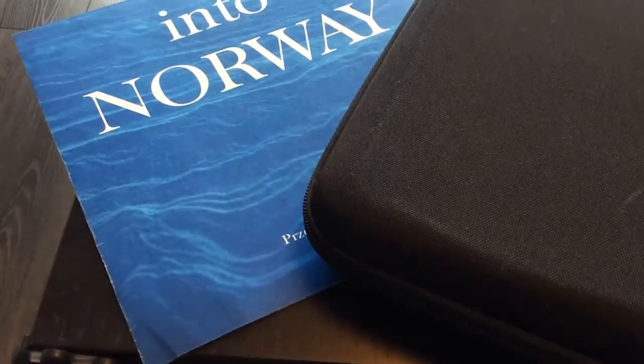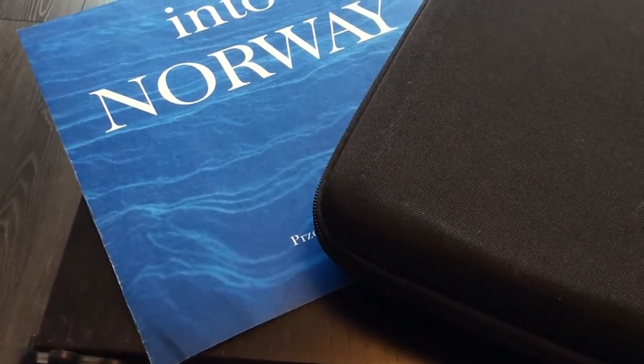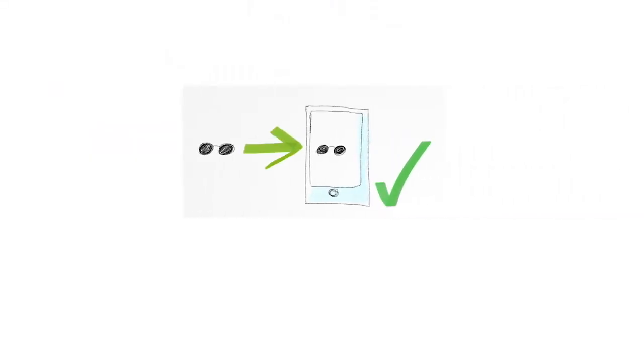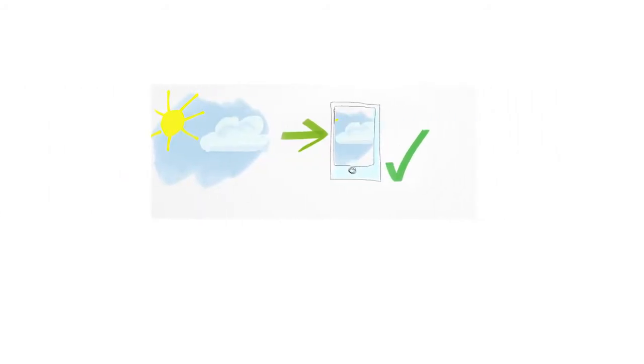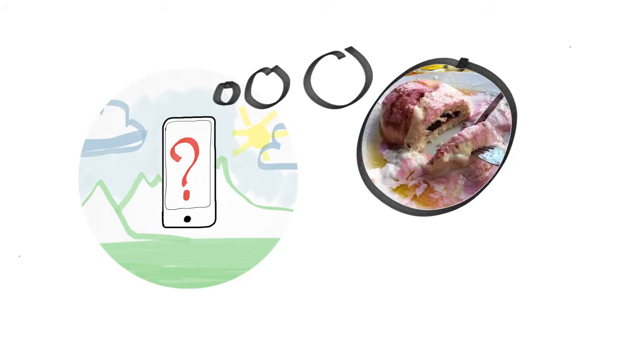Okay, so what is this exposure and white balance thing? To put it simply, correct exposure means that if you photograph a dark object, it stays dark in the image. And if you photograph something white, it stays white in the image as well. Smartphones usually try to figure out what it is that you're photographing, say a landscape, a portrait, or your veggie burger on a plate.